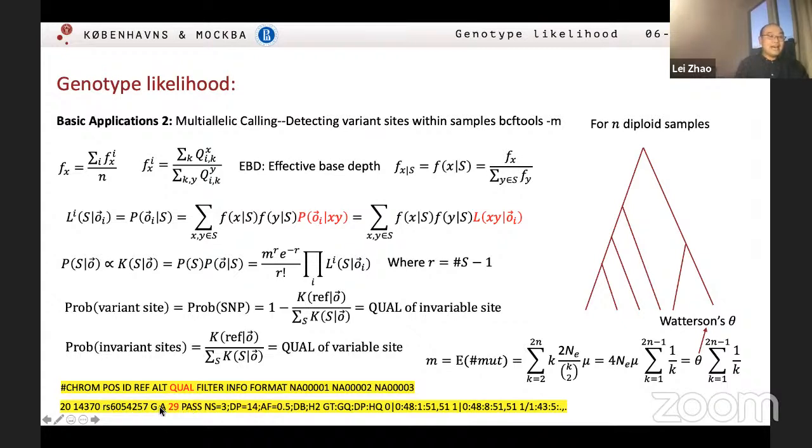Based on having already observed A, this should be a variable site. So the QUAL score is 29, which is not that small. That means we are kind of sure, with 1 minus 10 to the minus 2.9 chance, this is a variable site, and the complementary chance is that it is an invariable site.